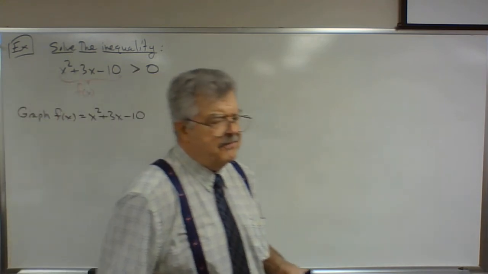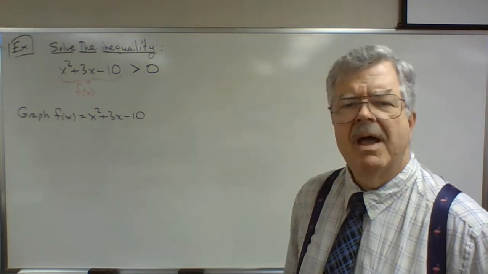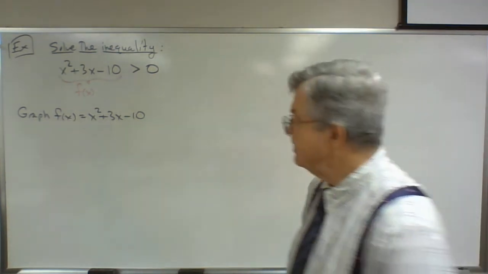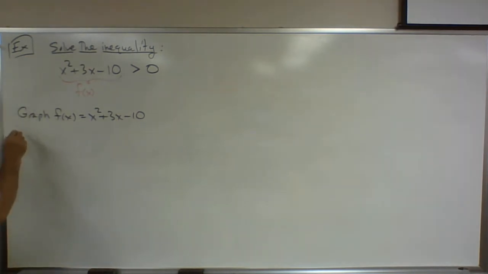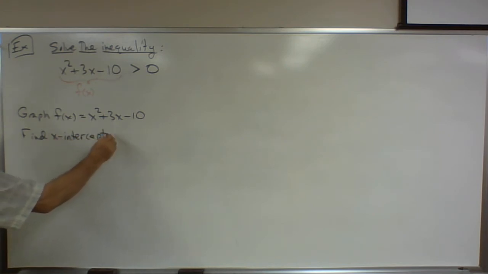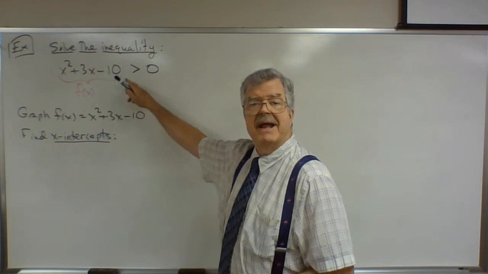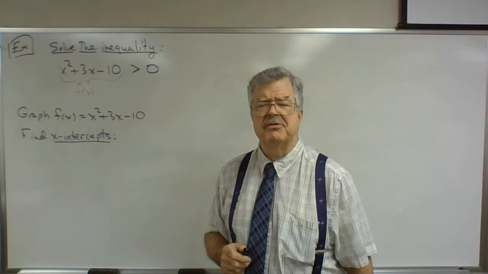And I think the first thing that I want to do, I want to find the x-intercepts. And it turns out that when we're doing quadratic inequalities, the x-intercepts are pretty important.